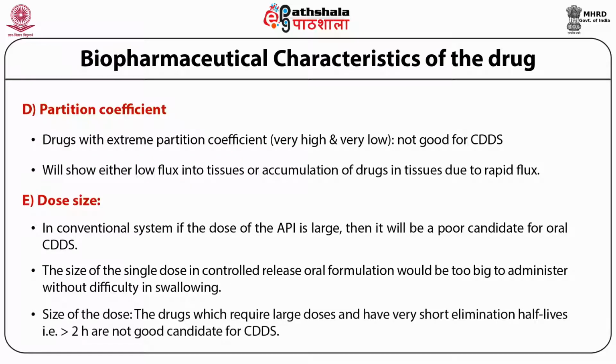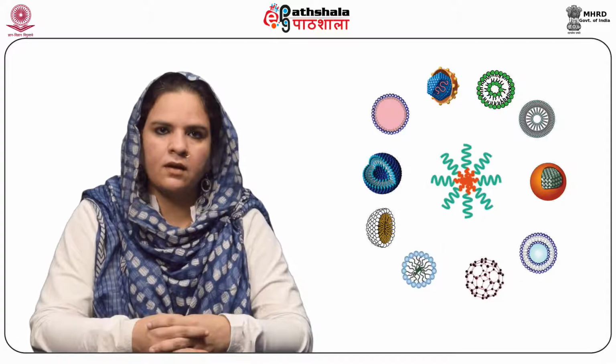The drugs which require large doses and have very short elimination half-lives, to the tune of less than 2 hours, are usually not considered to be good candidates for formulating controlled drug delivery systems.